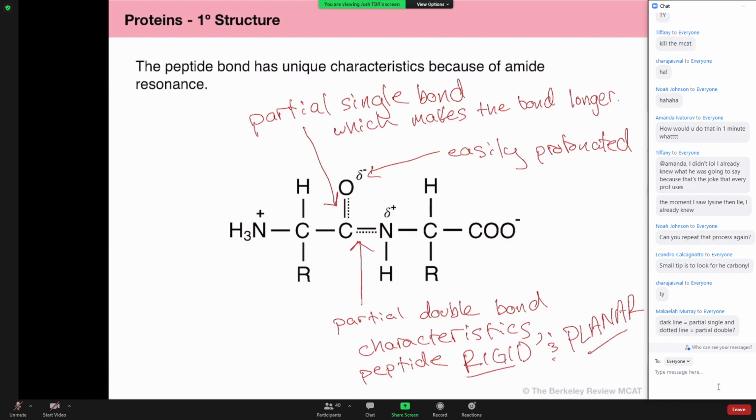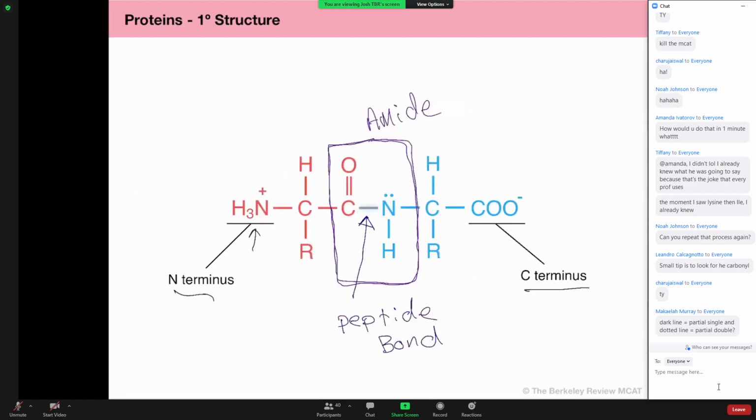Yeah, so that's a good question. Dark line equals partial single bond and dotted line equals partial double bond. In reference to how it's drawn out here, right? So traditionally this would be, can you guys see, hold on, my marker keeps disappearing. Oh, there it goes.